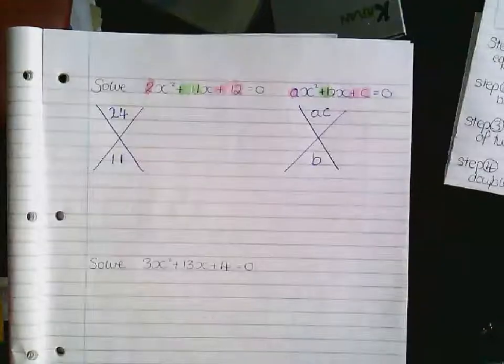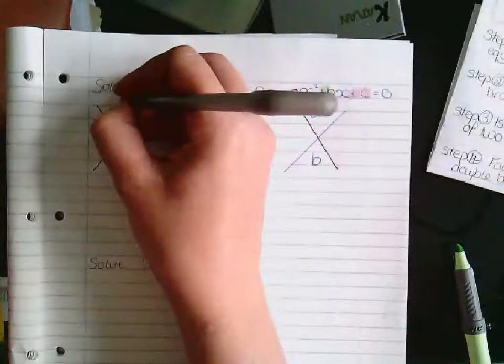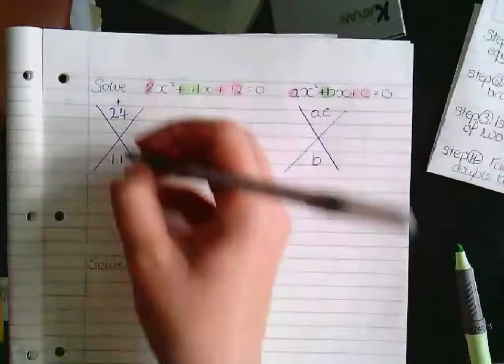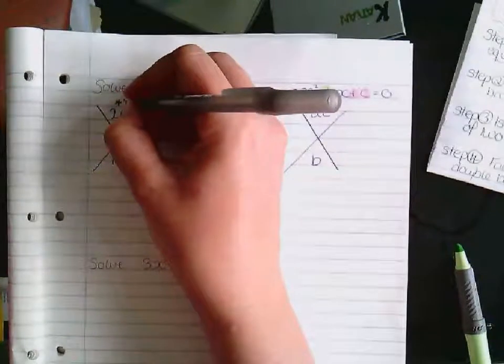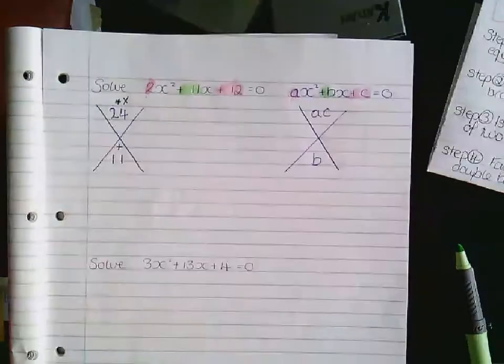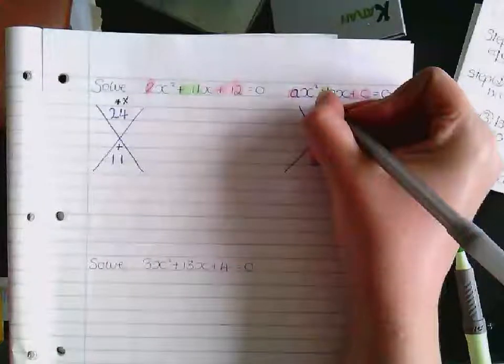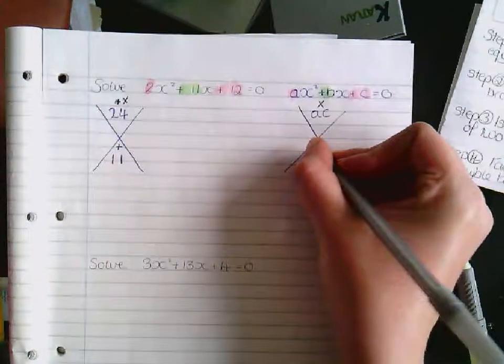Now I'm going to use the same technique I've done on previous ones. I'm looking for numbers that multiply to make the one here, and add to make the one down here. I'll make sure I get that right on every other one. So multiplying to get this one, adding for this one.